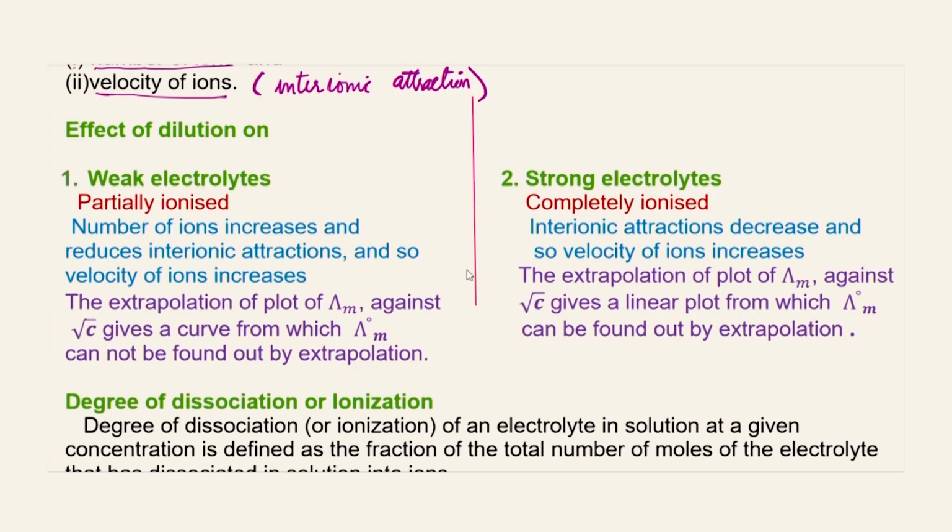In the case of a strong electrolyte, you can obtain the lambda 0 m value by plotting the curve and extrapolating to 0 concentration. In the case of a weak electrolyte, it is impossible, because as you have seen before, the curve goes parallel to the lambda m axis.